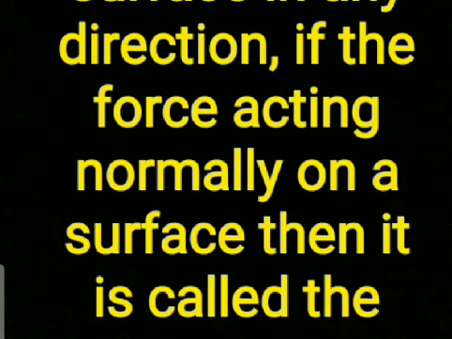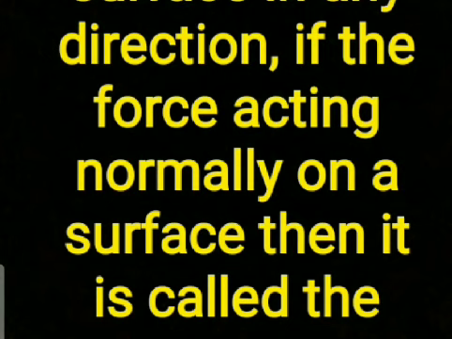But when we sit or when we stand, our weight is our force. That force is always acting in the downward direction. So that kind of force, when exerted in the downward direction, we call by another term, thrust.